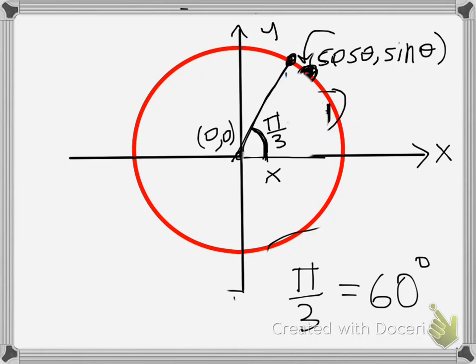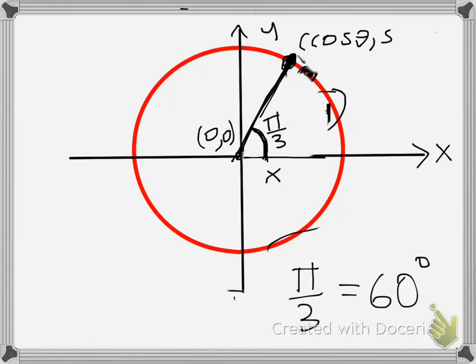And here's the point where the radius meets the circle. So the radius at that angle meets the circle. And remember, the coordinates are cosine of theta, comma, sine of theta. So theta is 60. So what would the coordinates of this point be?